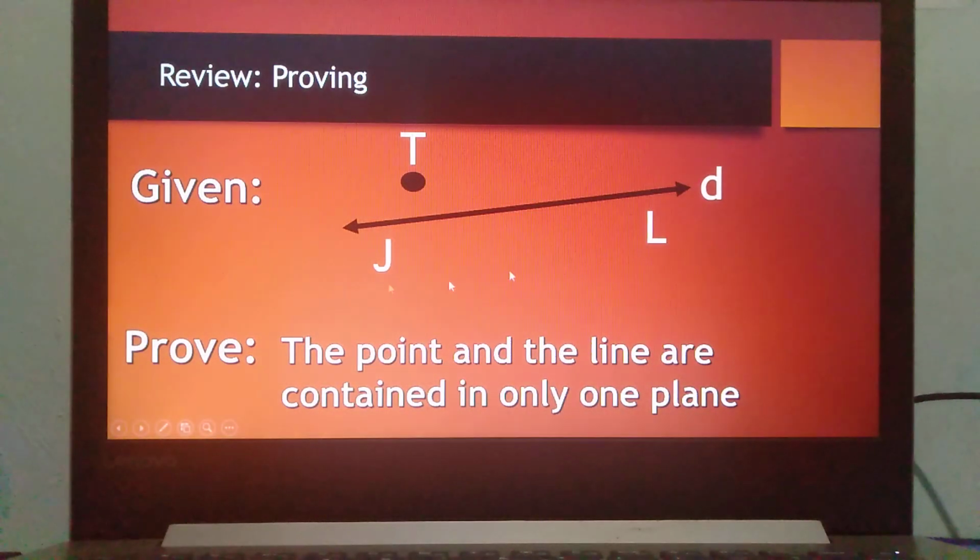Kasi dito makikita natin na given lang na si T ay naka-present separately to line D. Hindi siya na kay D, hindi si T ang isa sa mga points. Kumbaga, separate si T, element, then si D as a figure.